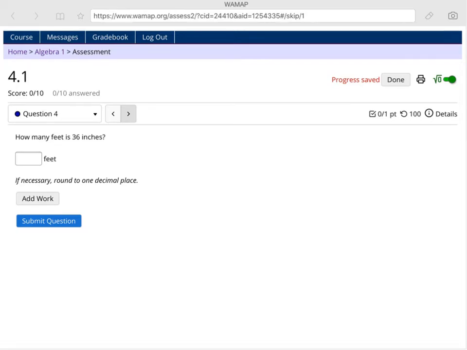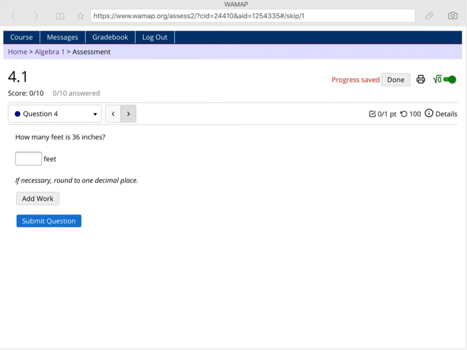In our next problem, we're dealing with feet and inches. And I know that 1 foot equals 12 inches. And I want to end up with 36 inches. So that means this side over here needs to end up becoming a 36. So I then have to say 12 times what equals 36.